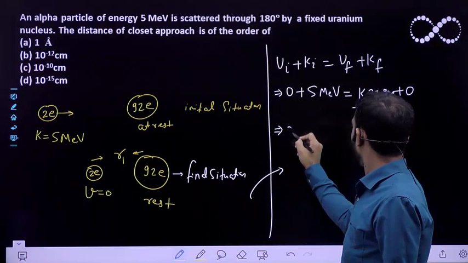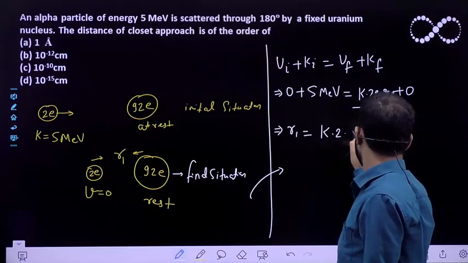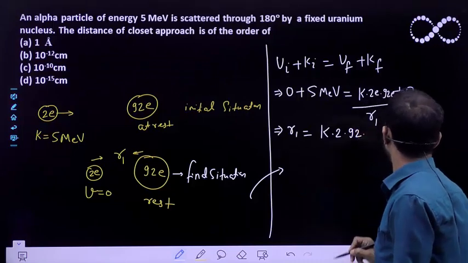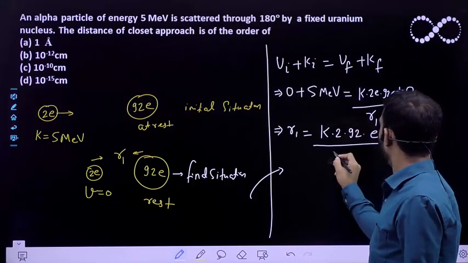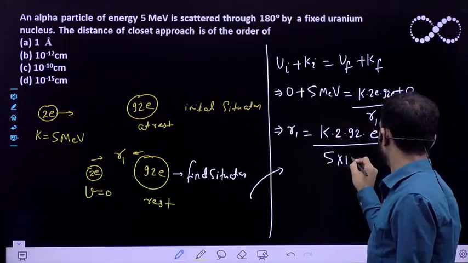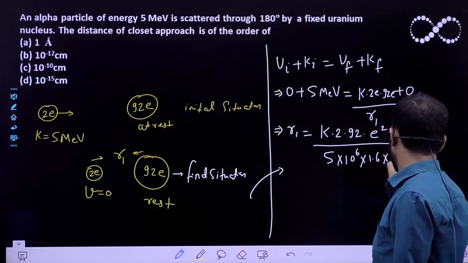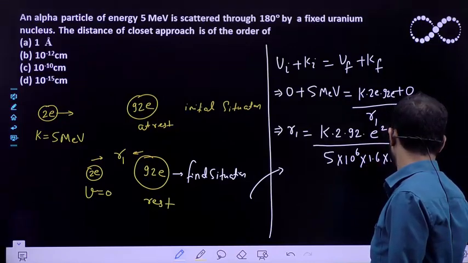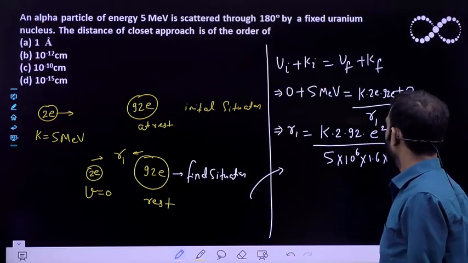So R1 will be equal to K into 2 into 92 into e square upon 5 mega electron volt. So 5 into 10 raised to power 6, that is mega, and electron volt is 1.6 into 10 raised to power minus 19 joule, SI unit.